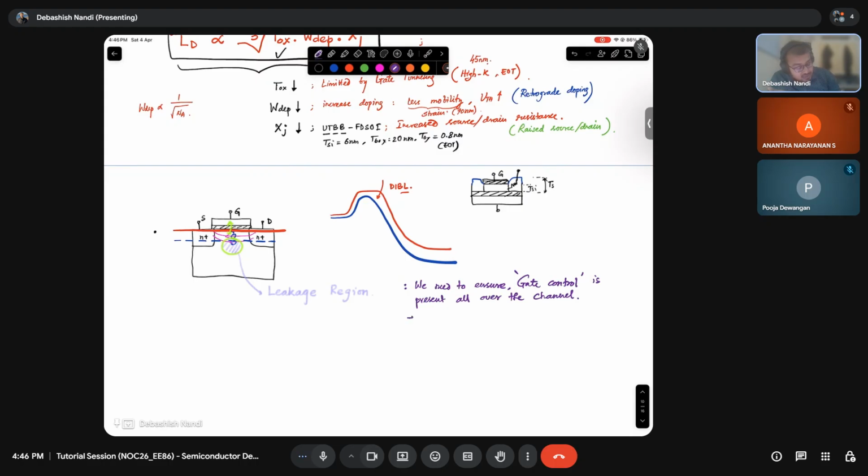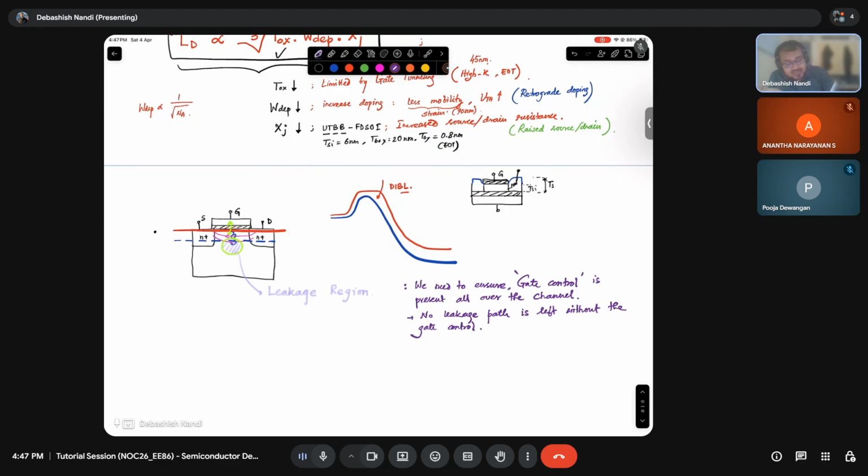Okay, no leakage path is left without the gate control. Fine, that is what we need to ensure.